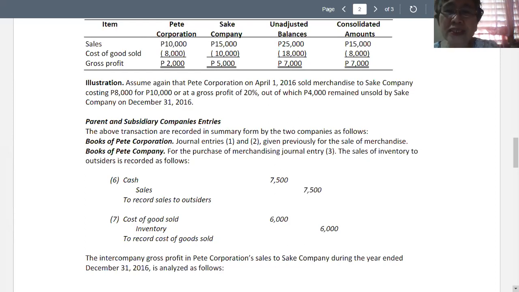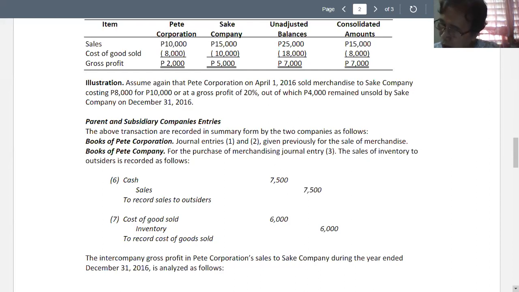In other words, we still carry or use the same entry in the books of Sake for the first entry, again debiting inventory and crediting cash for 10,000. Now, how about the additional information mentioning that out of the goods sold by Pitt to Sake, 4,000 remained unsold by Sake Company on December 31.